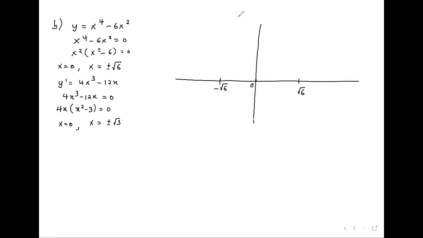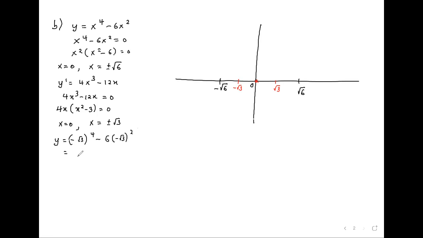So negative root 3, this one here, and also positive root 3. These will give us turning points when we take them back in the original equation. When we take 0, we'll get 0. That's not a big deal. So let's take negative root 3. Negative root 3 to the power 4 minus 6 times negative root 3 squared.